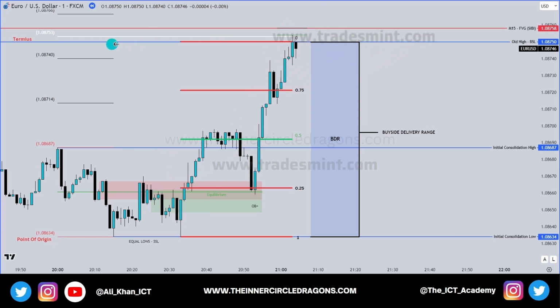So our theoretical terminus would have been the buy side liquidity above the old high. We would grade the range from the point of origin, which would be these equal lows down here, to our initial terminus. To speed things up, I'm obviously showing you the printed range of that buy side delivery within the buy program of the market maker sell model.